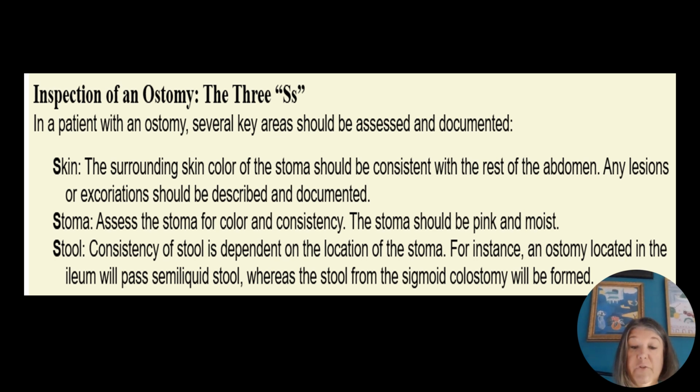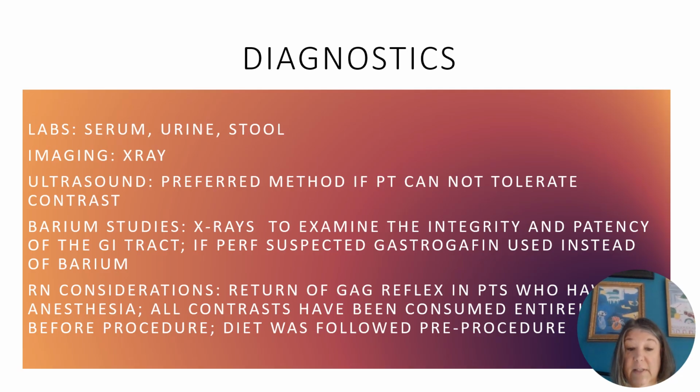So an ostomy located in the ileum is going to be semi-liquid, whereas a sigmoid colostomy is going to be pretty much formed. It depends on where your ostomy is as to what consistency your stool should be. We have a nice diagram about that, and we'll talk about it in class.